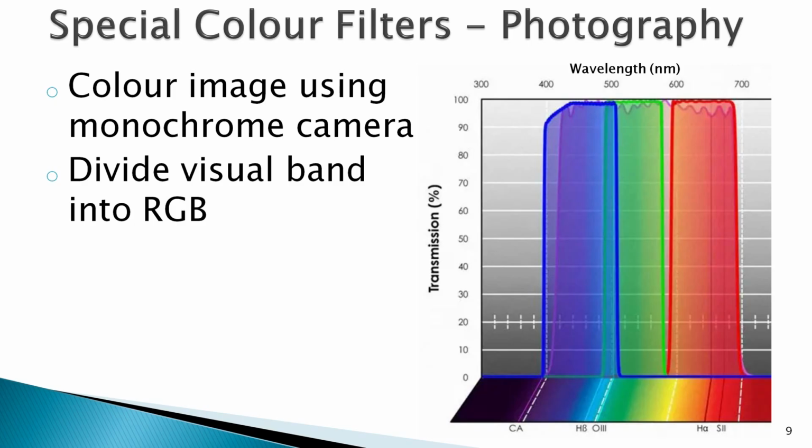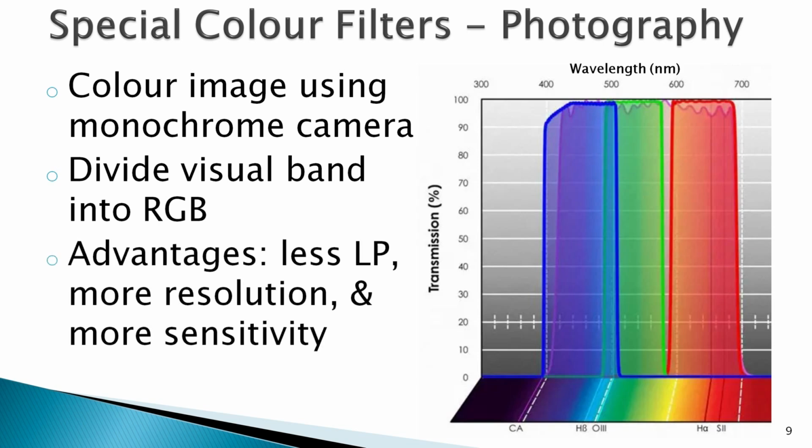There are a number of advantages to creating a full-color image in this way, as opposed to using a one-shot color camera. Light pollution is reduced, since these color filters are effectively broad bandpass light pollution filters. With a monochrome camera, all of your sensor pixels are collecting data in each color channel, so you are able to take full advantage of the camera's resolution.